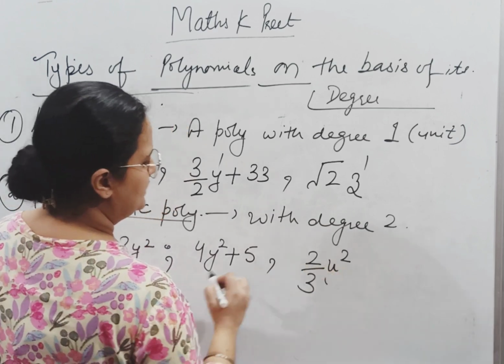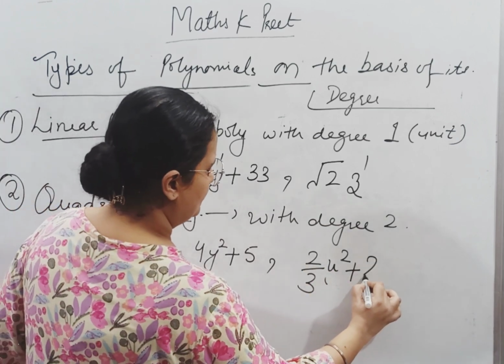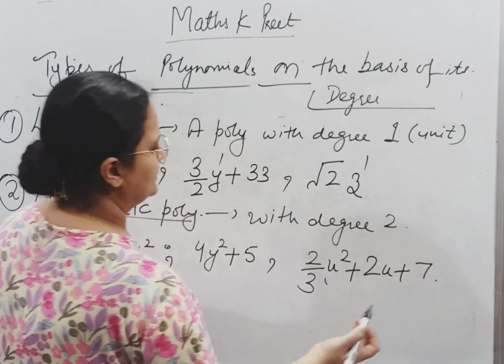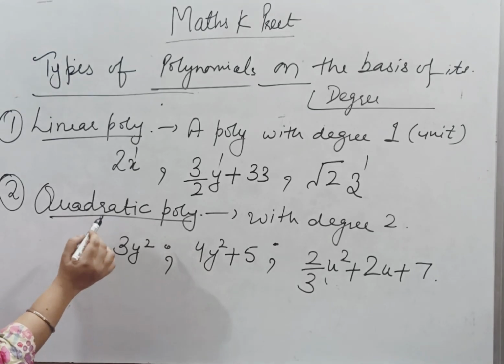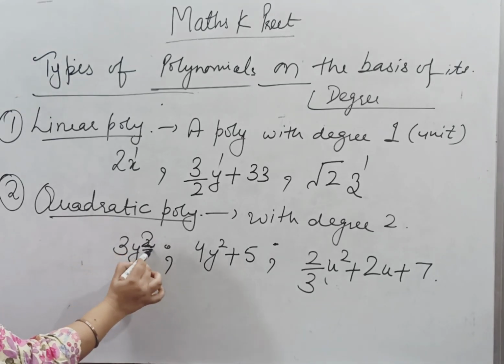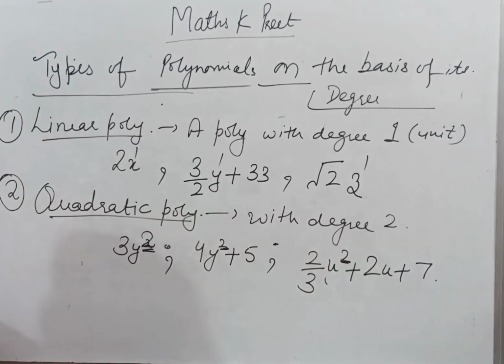U square, take 2 by 3u square plus 2u plus 7. So these are polynomials with the highest power, here 2, here 2, here 2. So these are the examples for quadratic polynomial.